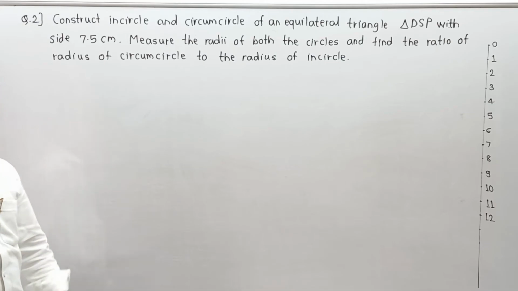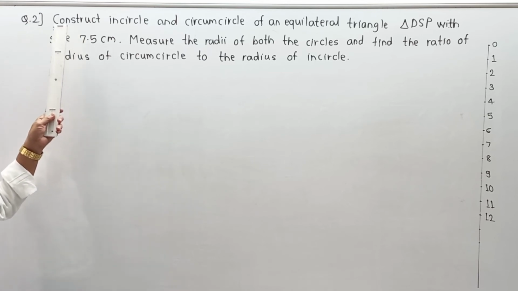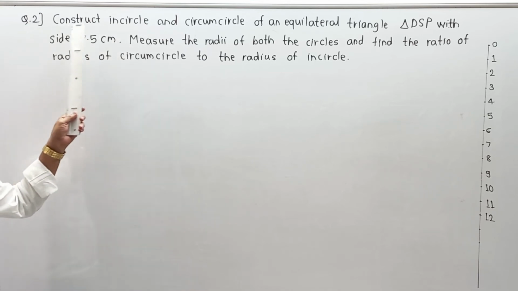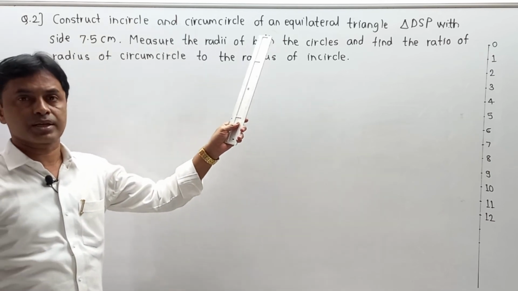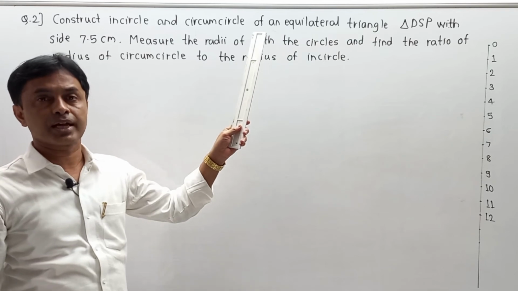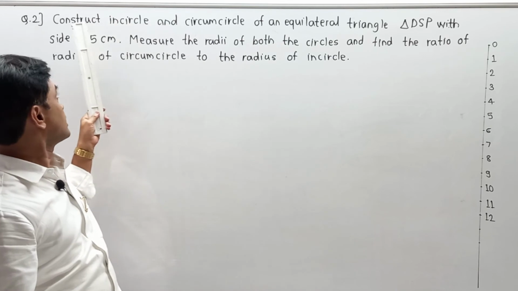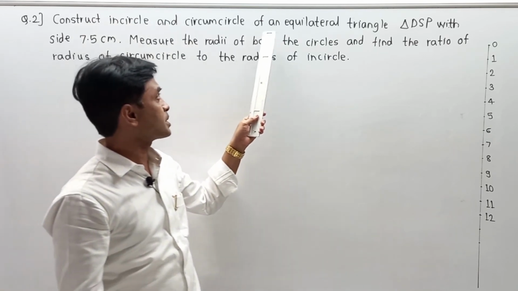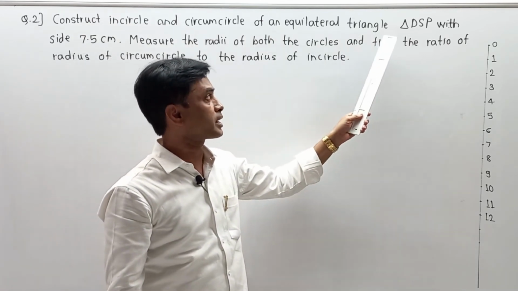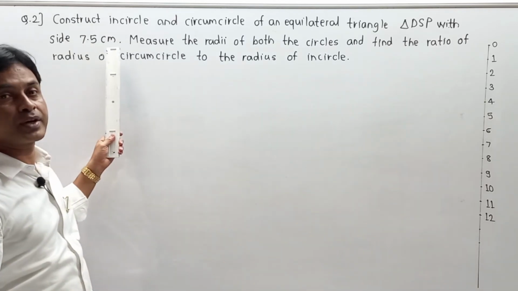Hello friends. Now we are going to start question number 2 over here. Construct incircle and circumcircle. Incircle means a circle which touches all three sides of a triangle, and circumcircle means a circle which passes through all three vertices. So construct the incircle and circumcircle of an equilateral triangle DSP with side 7.5 centimeter.